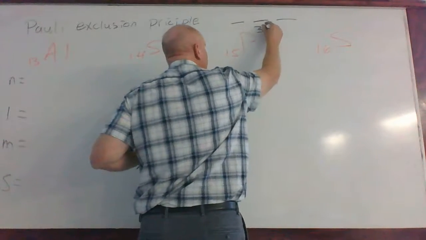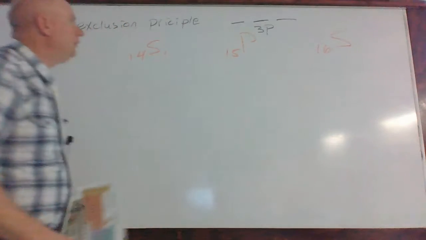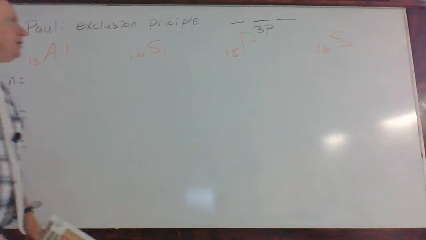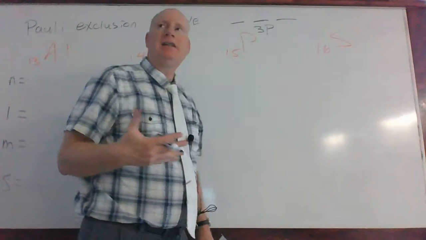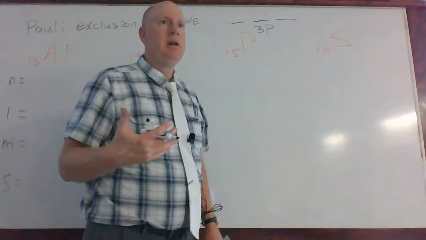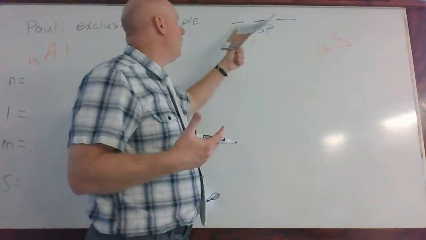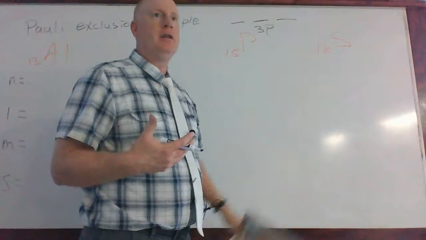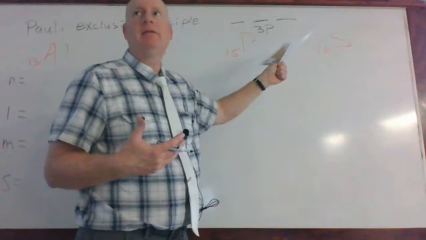So 3P. Now, what column in the P block is phosphorus in? Now we're practicing Hund's rule, which means we've got 3 bus seats here. How do these 3 electrons fill these 3 seats?